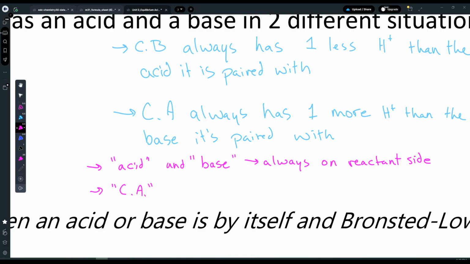So CA is just shorthand for conjugate acid.